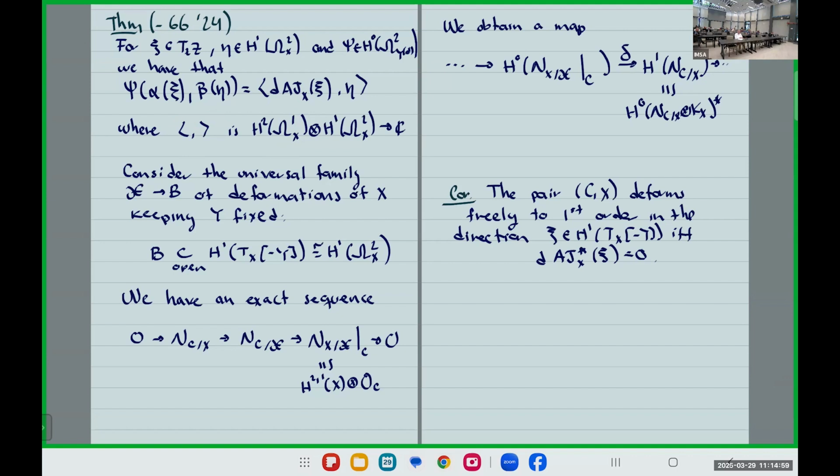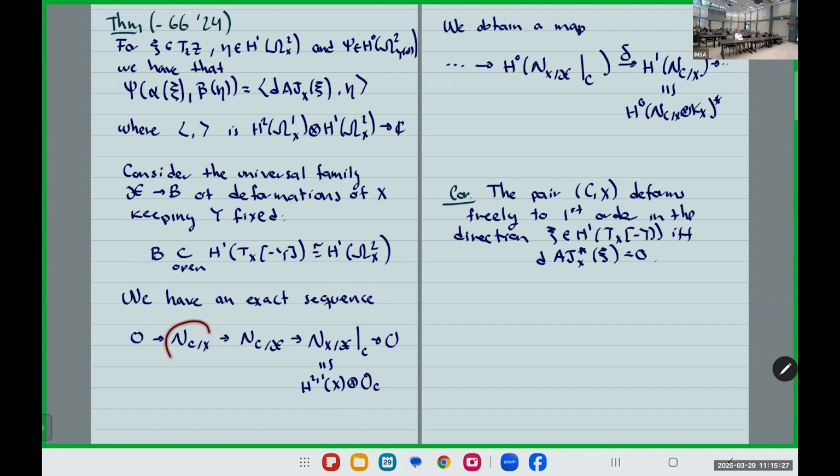A corollary of this result is really the analogue of the result that we had in the absolute case. So if we consider the universal family of deformations of this Fano threefold, now we are keeping Y fixed. We will have an open subset of this vector space, and we will have an exact sequence like this.